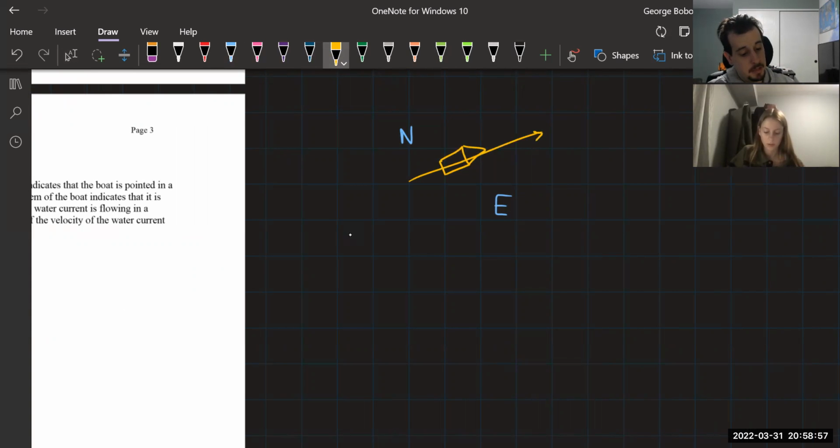That is your pointing with respect to the water. But with respect to the ground, if the water is moving this way, someone would see you move this way. So even though you're pointing your boat in the yellow direction, someone from the ground sees you move in the red direction because of the water. The compass is measuring the yellow.